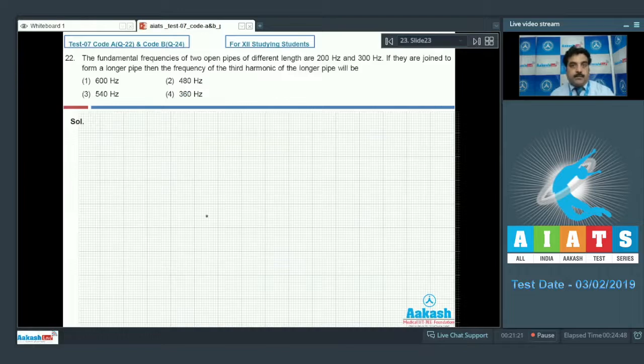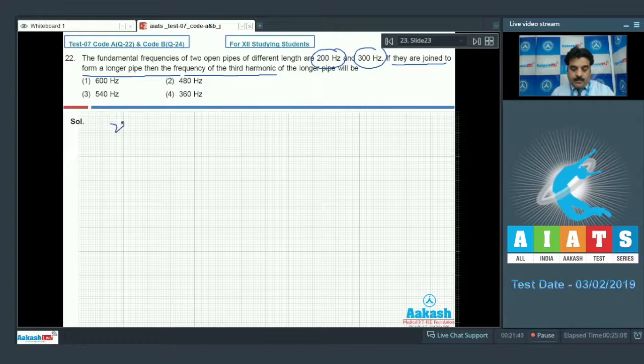In problem number 22, the fundamental frequencies of two open pipes of different lengths are 200 Hertz and 300 Hertz. If they are joined to form a longer pipe, then the frequency of the third harmonic of the longer pipe will be.